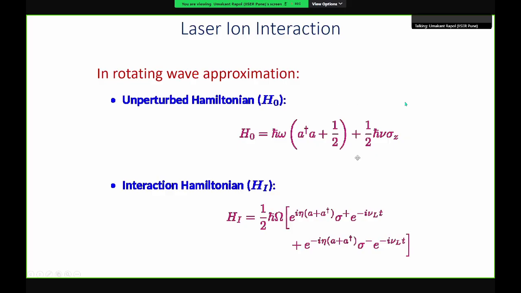So the atom's internal energy level and the motional mode, this is the unperturbed Hamiltonian, and then you come with an interaction Hamiltonian, which is your light with a frequency of mu L. And this eta is the Lamb-Dicke parameter that I talked about, where a and a dagger are the creation and annihilation operators for the motional modes of the ion.